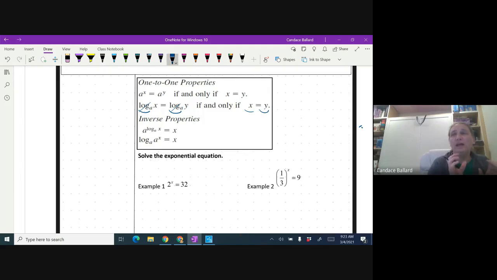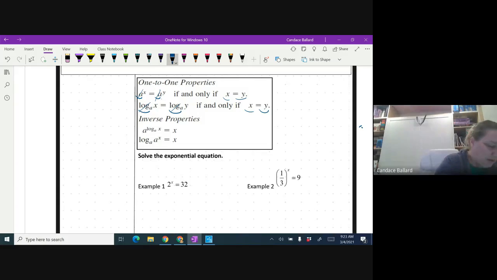It's one way that we can get the variable that's inside a logarithm to be able to solve for it. We also have seen this one before too, where if my bases are the same, the bases basically cancel, and I just get the exponents, okay?